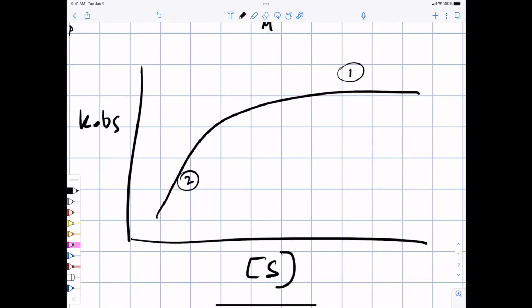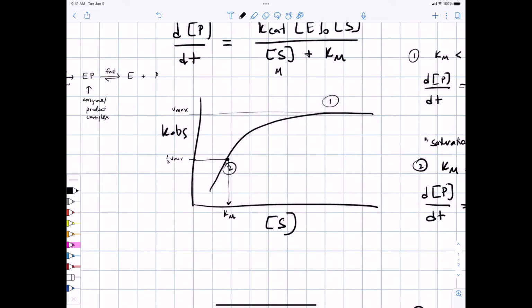If you have a plot like this, and this is Vmax, then if you come to half Vmax, and then intersect the plot and drop down here, this will be the Km value. So in terms of just using the numbers, thinking of Km as the concentration where you're at half max velocity can be useful.